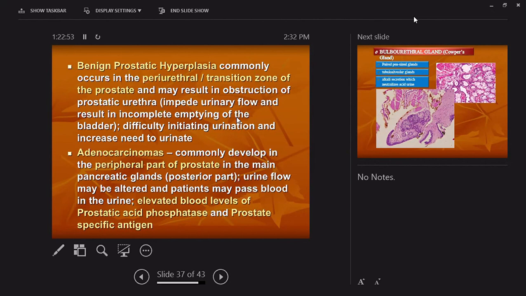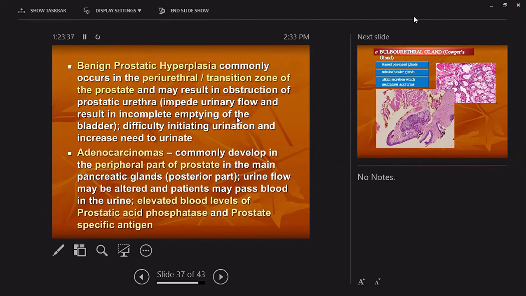There are elevated blood levels of prostatic acid phosphatase and the prostate specific antigen. When I had my initial examination of my prostate specific antigen, it was a record-breaking result. You know why? The machine could not count it anymore. They cannot count my PSA anymore. That's why after 1 week, I had to be operated on. Thank God I'm still alive.